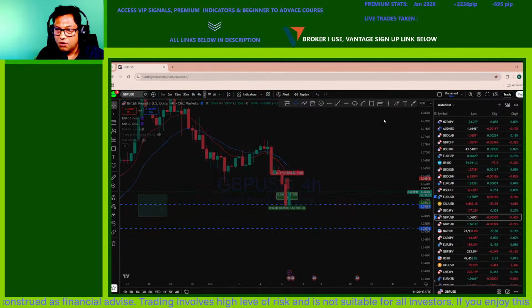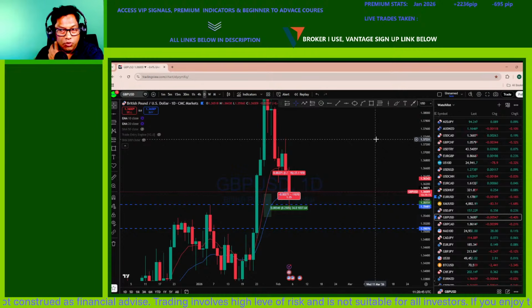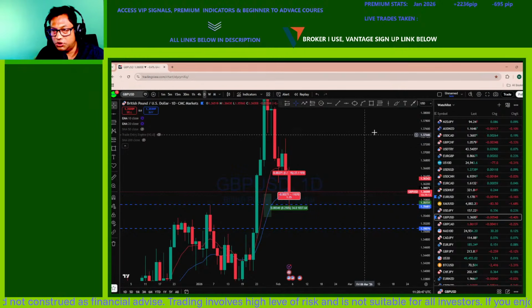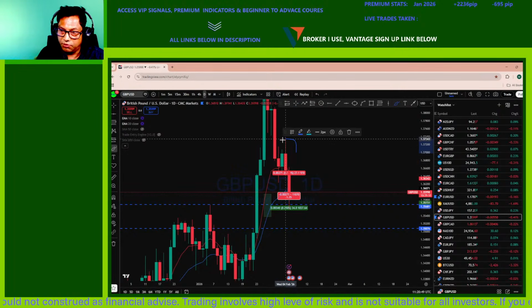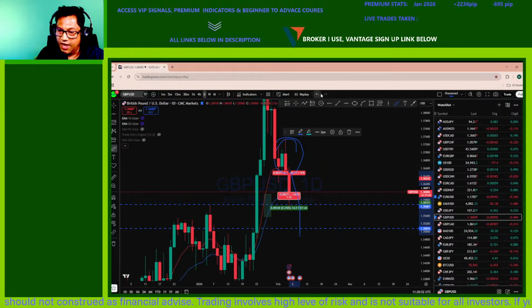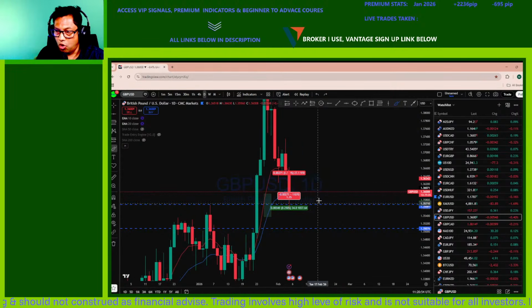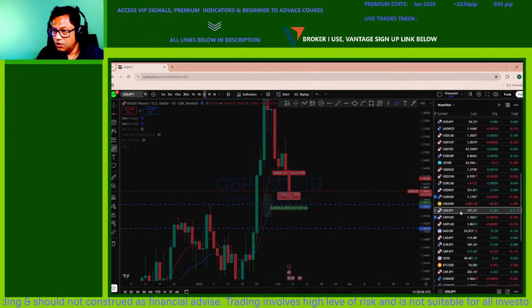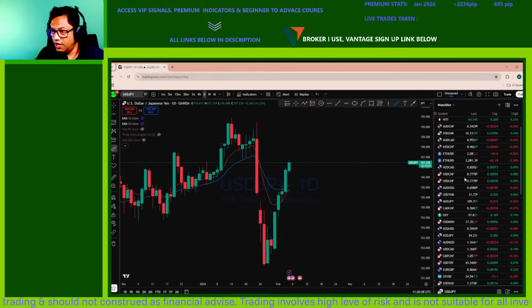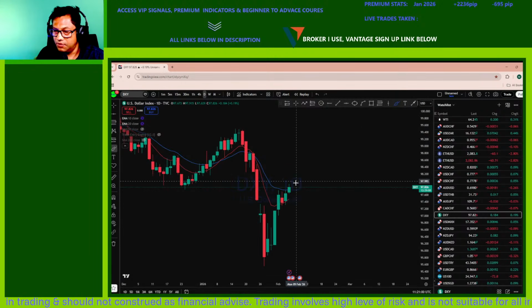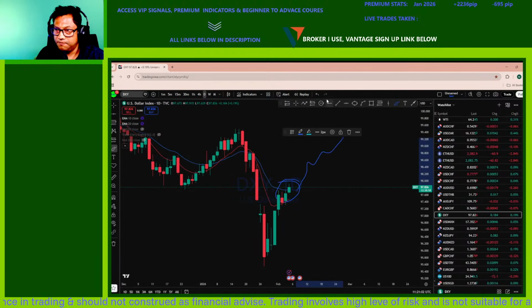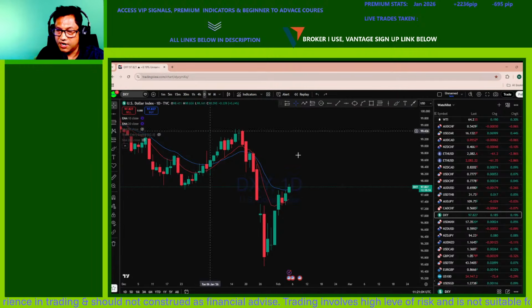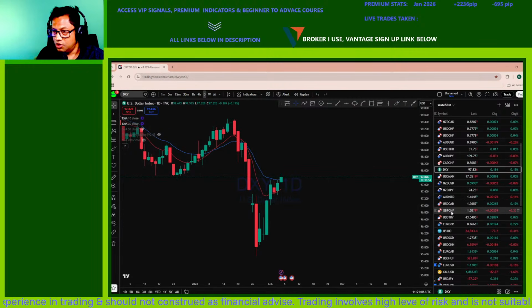On the daily, we can see a break after the previous daily bearish engulfer on British pound US dollar. The market has dropped back below here. Now if we look at dollar yen and dollar index, we can see some bullish bias here, which is bringing that market eventually to trend again.